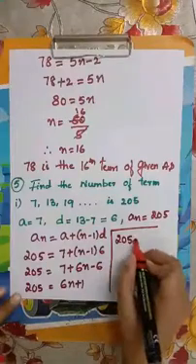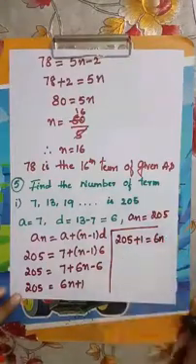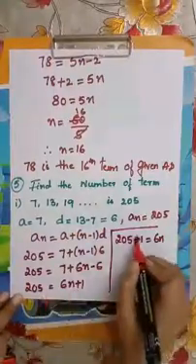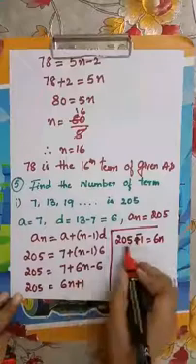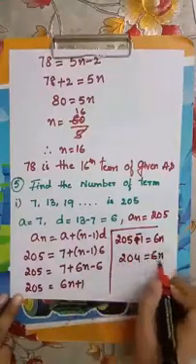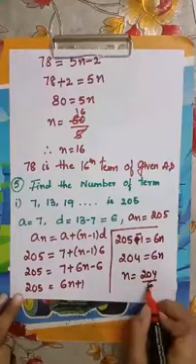Plus इधर आते क्या हो जाता हमारा, ये माइनस हो जाता. 205 minus 1 is 204 is equal to 6n. n is equal to 204 by 6.